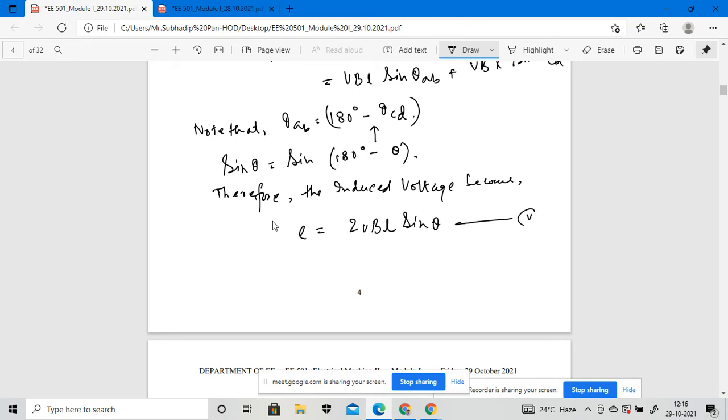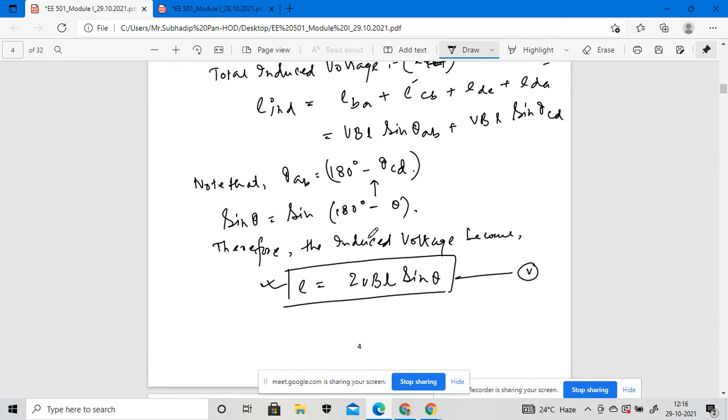So that is my equation 5. Is it or not? This will be it, right? Okay, fine.